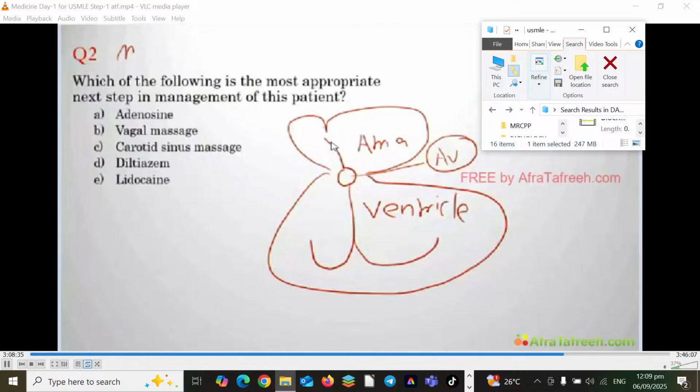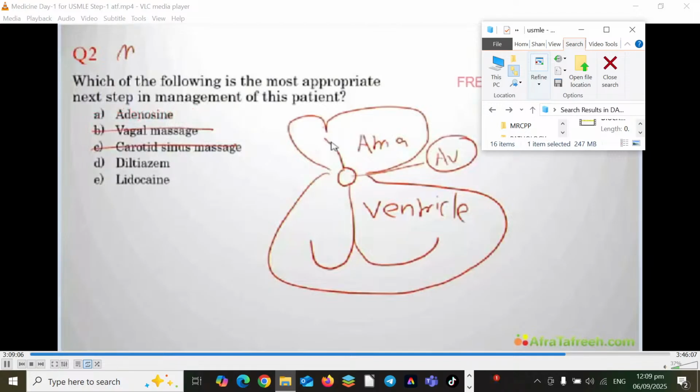That is, it will temporarily increase the vagal tone and result in stoppage of the impulses being conducted down to the ventricles. In cases of atrial fibrillation, it is ineffective. You do not use vagal massage or carotid sinus massage in cases of atrial fibrillation. Hence, I said, please pay attention to what I am trying to tell you.